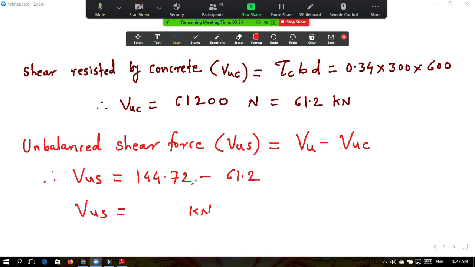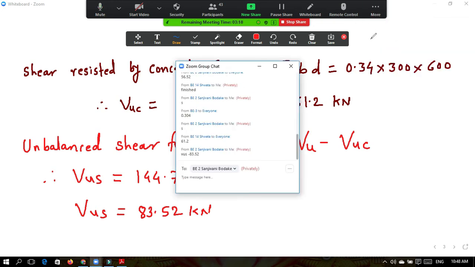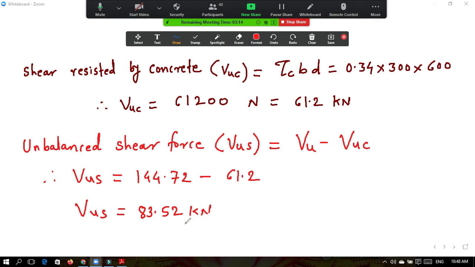Unbalanced shear is total shear force minus shear resisted by concrete. So it is 83.52. Correct, 83.52. So this is now our unbalanced shear.